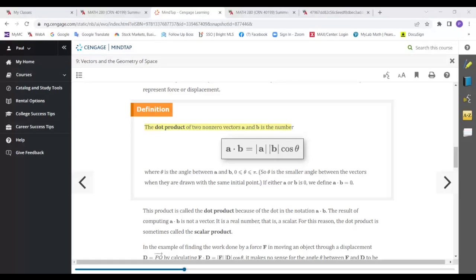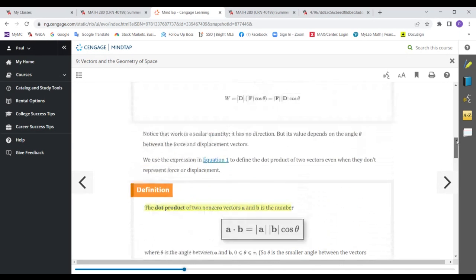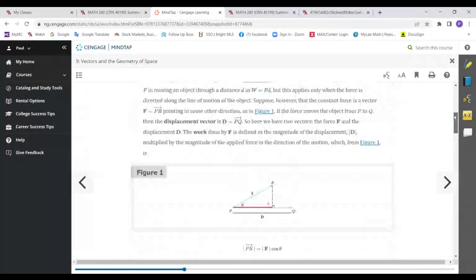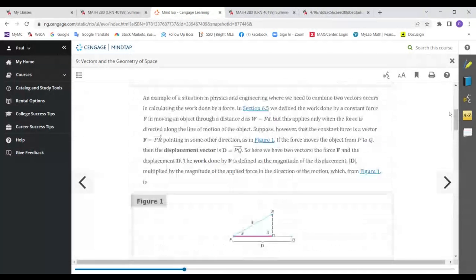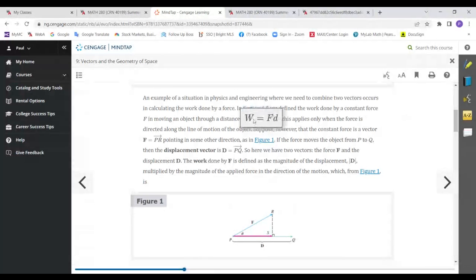You might wonder, why do they come up with this operation? Let me show you here. How many recall that the definition of work is force times distance?